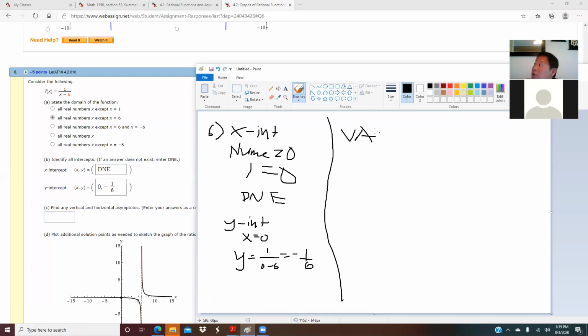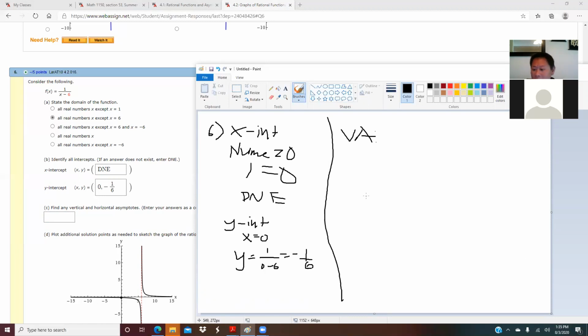Naira, Jackson, Lindsay, how do you find your vertical asymptote? Anyone? You take what equals to 0 for the vertical asymptote.